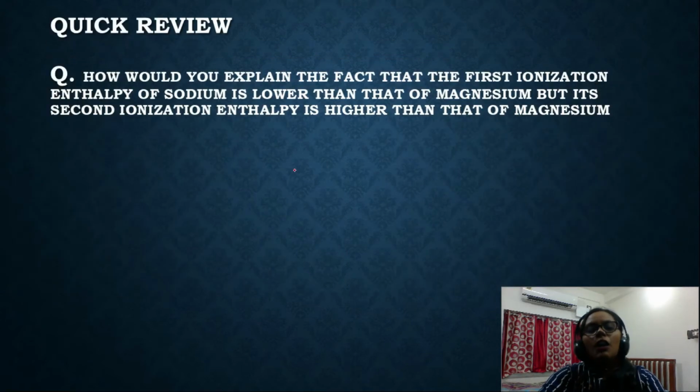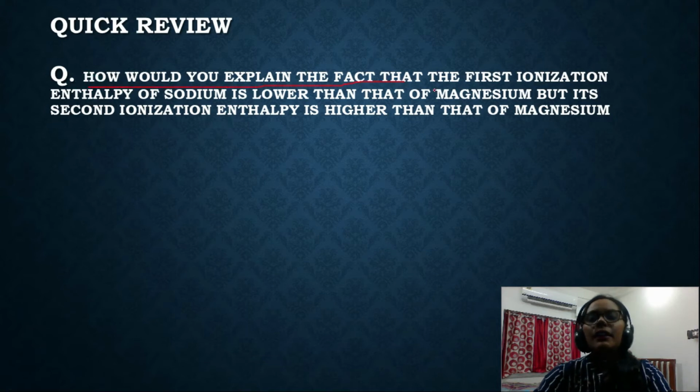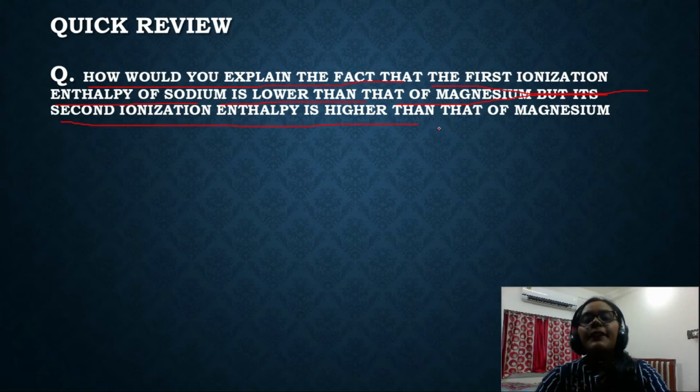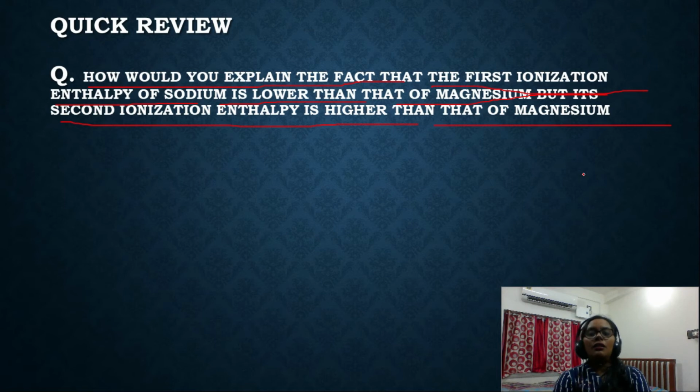Okay, now I have one question for you. How would you explain the fact that the first ionization enthalpy or energy of sodium is lower than that of magnesium, but its second ionization enthalpy is higher than that of magnesium? Based on whatever I have discussed, you can explain this.